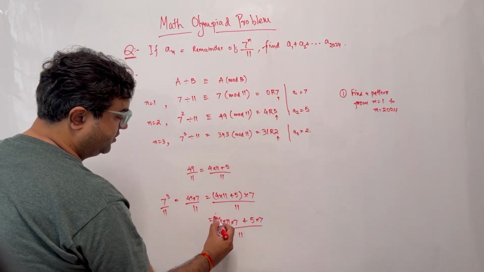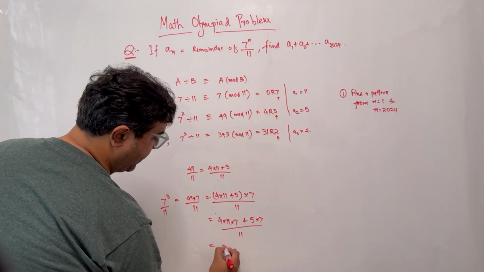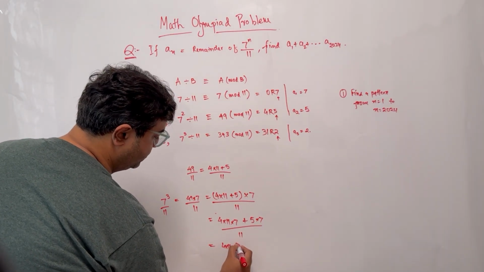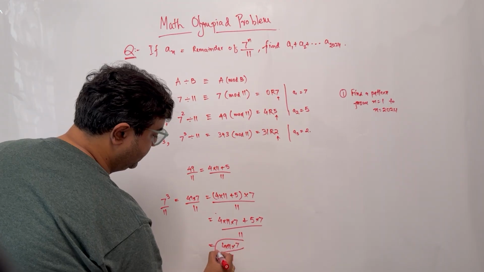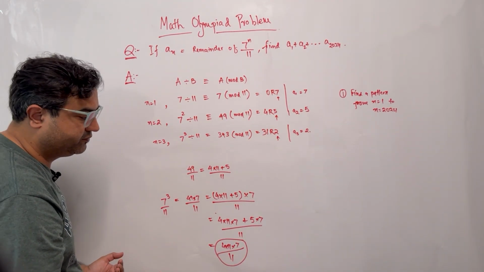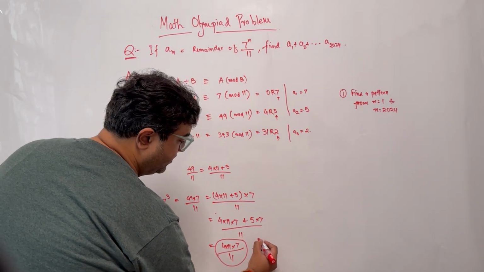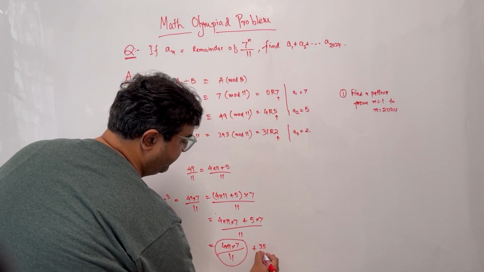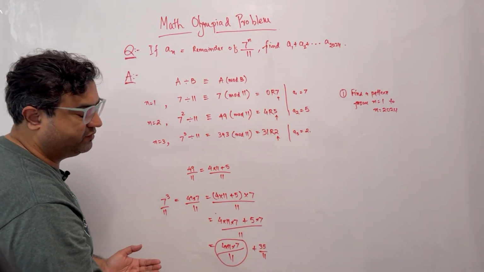The term 4 into 11 into 7 by 11, we know for sure, is going into the quotient. The next term we have is 35 by 11, which is 7 into 5.